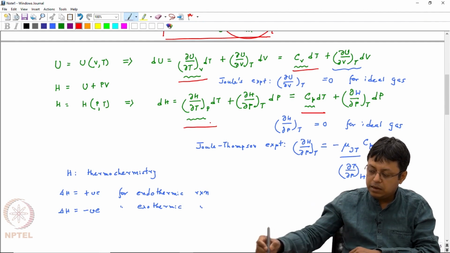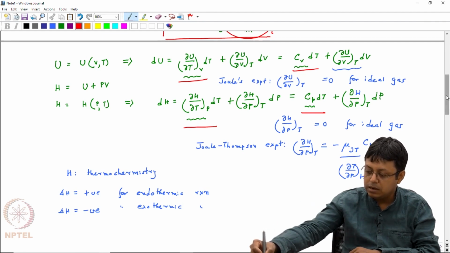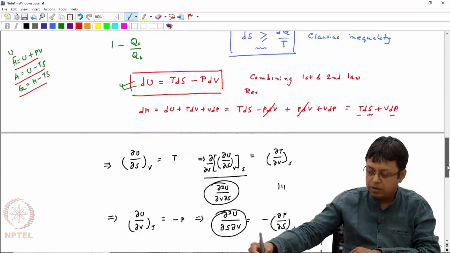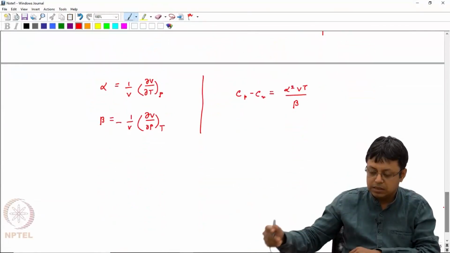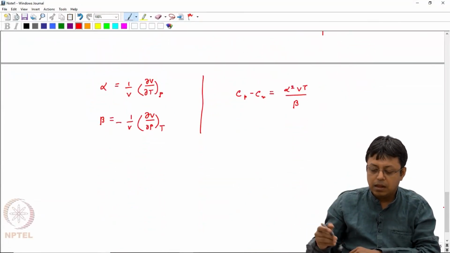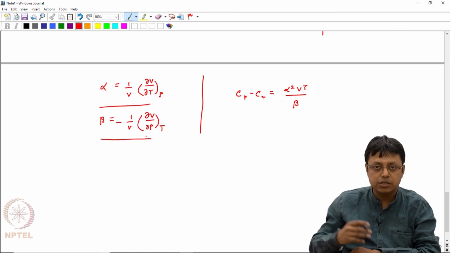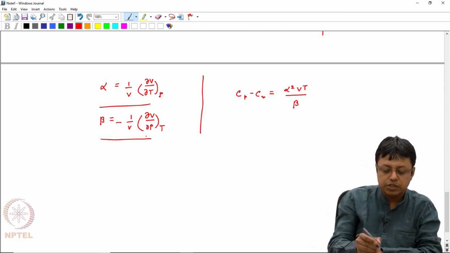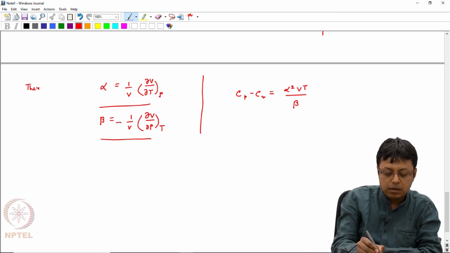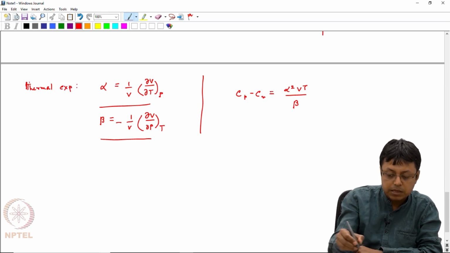That you write, and then you calculate what Cp minus Cv is using that relation, and then you use the definitions of the coefficient of thermal expansion. So this is thermal expansion, or better to call it the coefficient of thermal expansion.